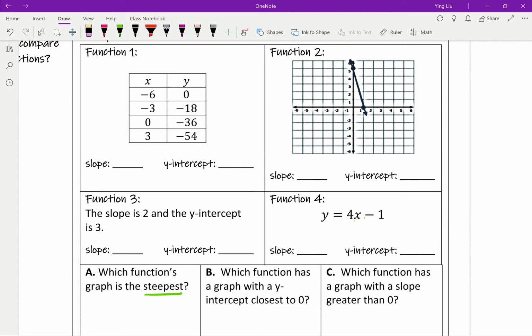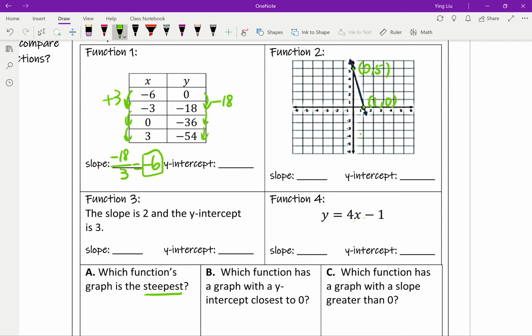For the first one, the slope is the same as the rate of change. So x is changing by 3 and y is changing by negative 18. So the slope of the first one is negative 18 over 3, which is negative 6. For the second function, we have a point that is (0, 5) and the other point is (1, 0).